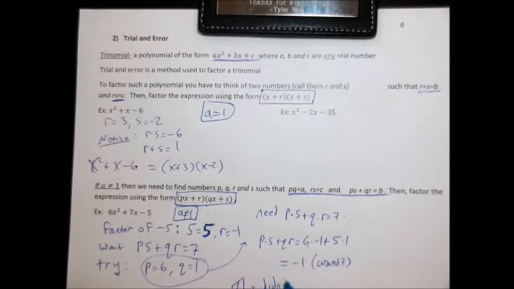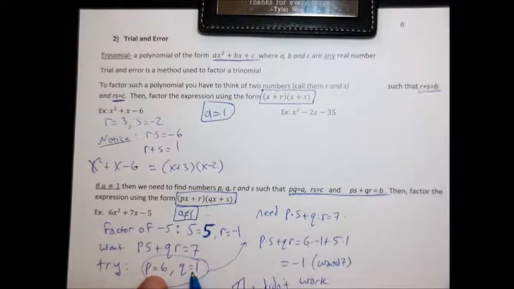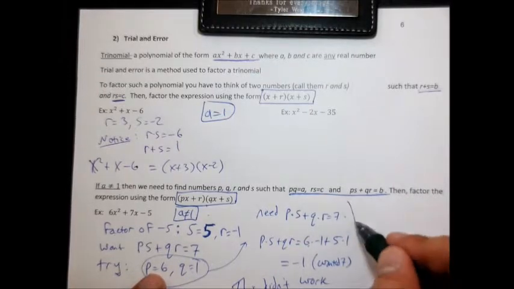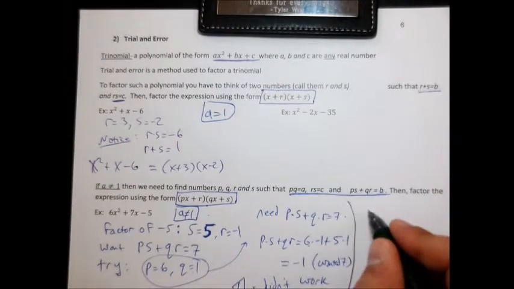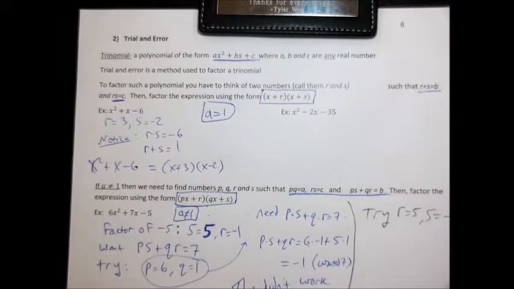I just want to point out why sometimes it's called trial and error. And so usually that means, okay, these aren't good factors. These were the only ones that we had an option with, 6 and 1. So let's try 3 and 2 instead, right? And I just want to be real clear that sometimes you need to try it more than once. So let's try instead R equals 5, S equals -1.